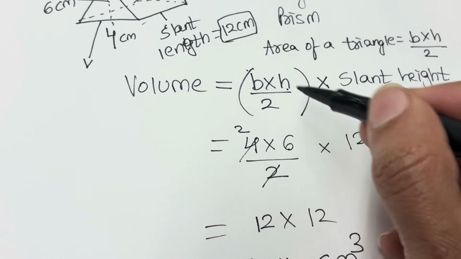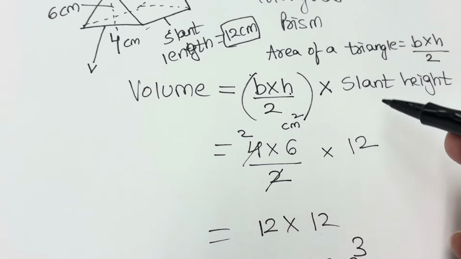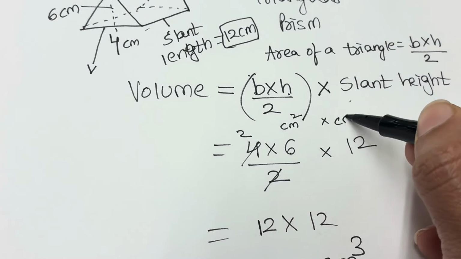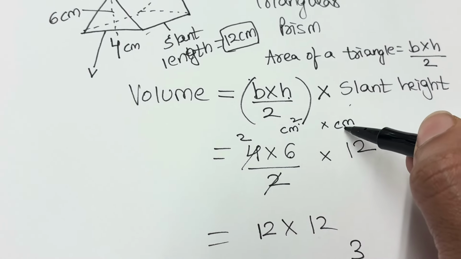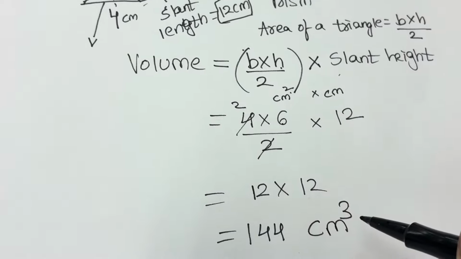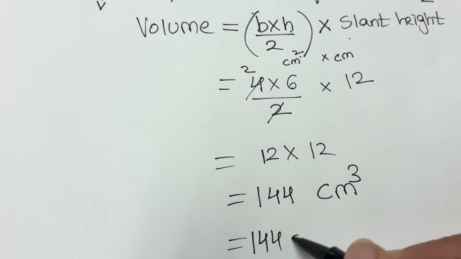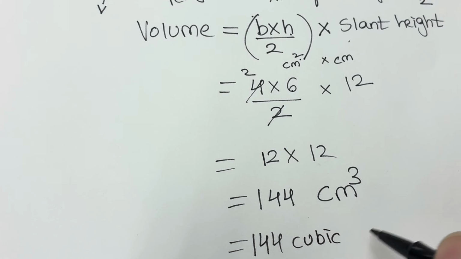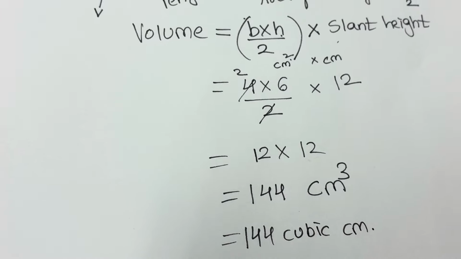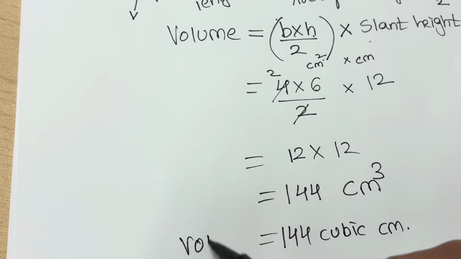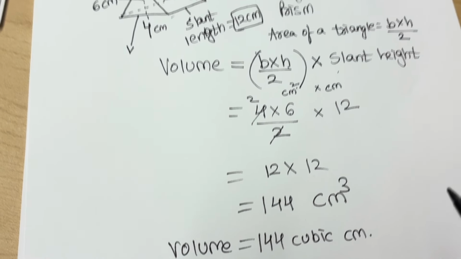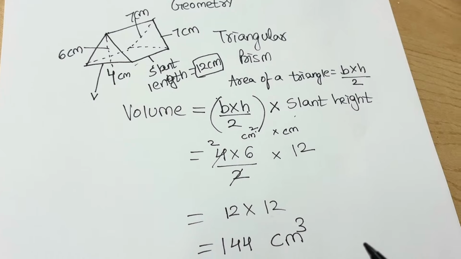When both the centimeters are multiplied, we get centimeter square, and for slant length we have one more centimeter. So centimeter square multiplied with centimeter gives me cubic centimeters. So in word format we can write it as 144 cubic centimeters. So this is how you calculate the volume for the triangular prism.